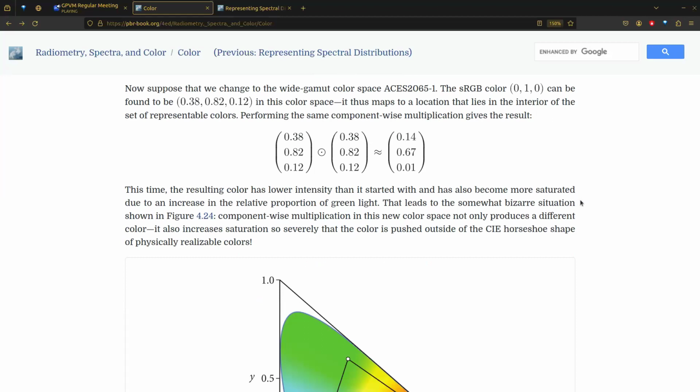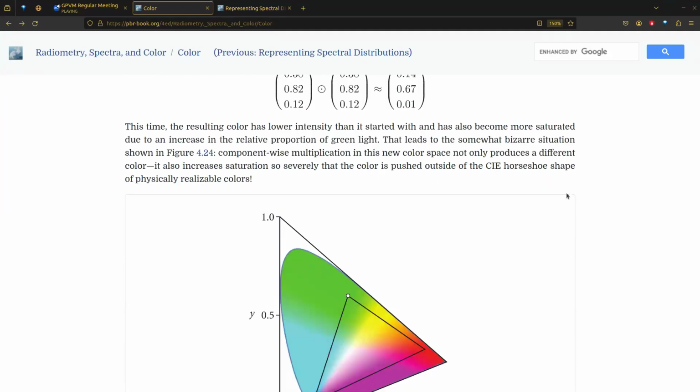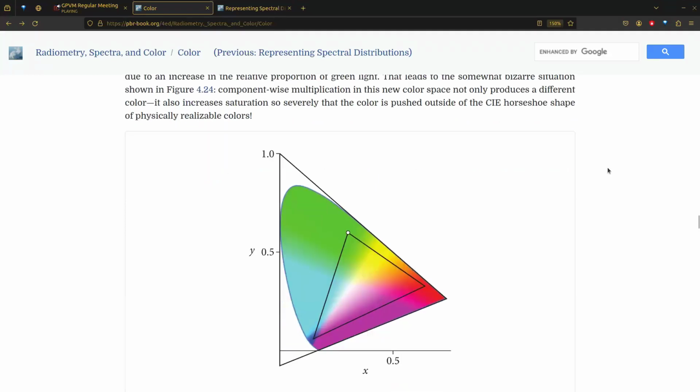This leads to a somewhat bizarre situation shown in 4.24. Component-wise multiplication in this new color space not only produces a different color, it also increases saturation so severely that the color is pushed outside of the CIE horseshoe shape of physically realizable colors.